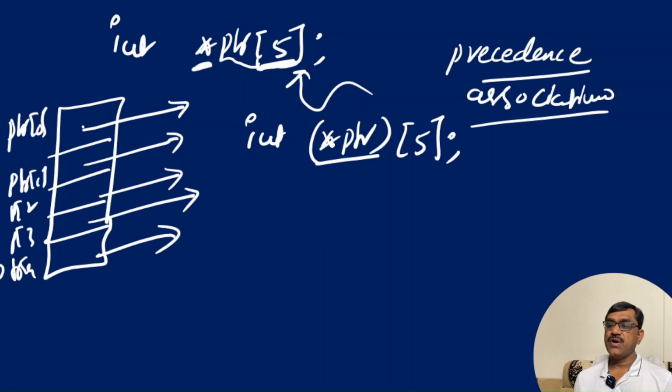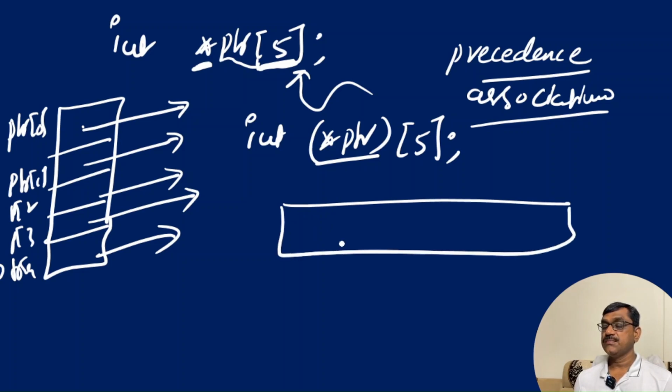Now ptr is a pointer to an array of how many elements? 5 elements. That's the logic. It is a pointer not to only one element, it is a pointer to 5 elements. Assume that this is an array: 1, 2, 3, 4, 5, 5 elements.